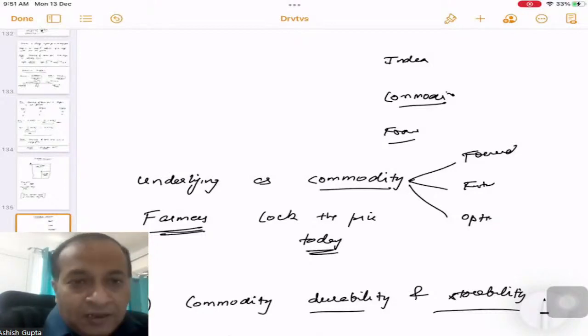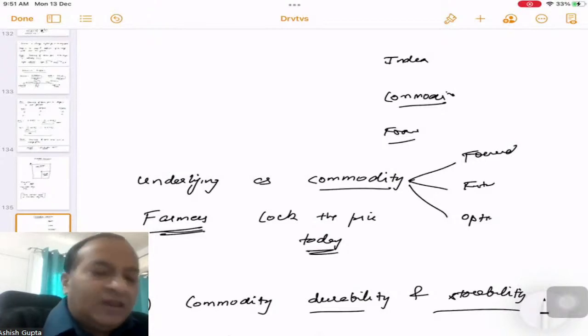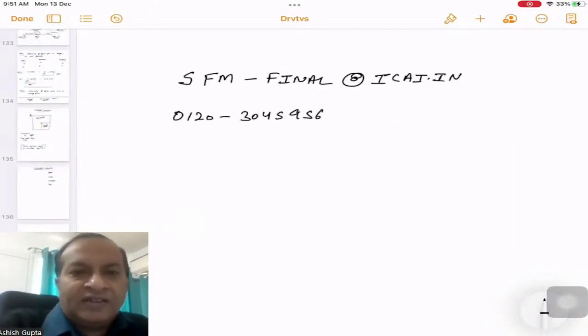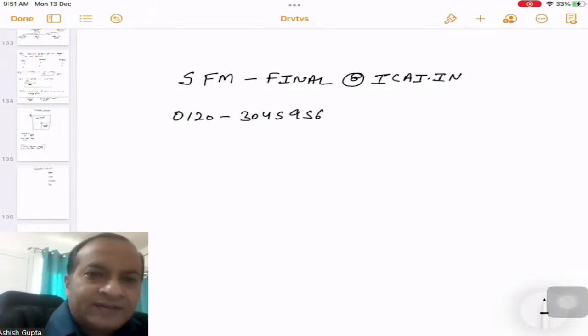Now, students, before we wind up this topic of derivative, I would like to highlight 2 or 3 points. In these 4 to 5 sessions, you have understood, basically, we have covered the derivatives. Here the underlying was stock or index. But please remember, the same concept will be used in foreign exchange risk management.